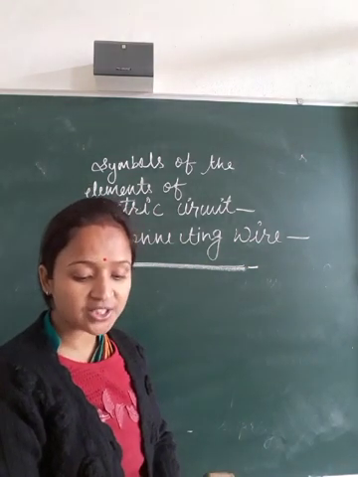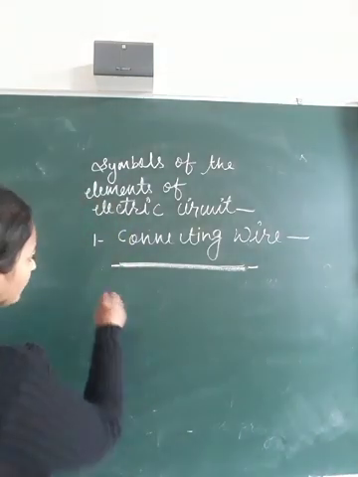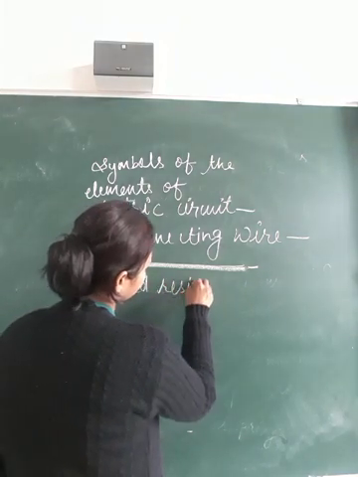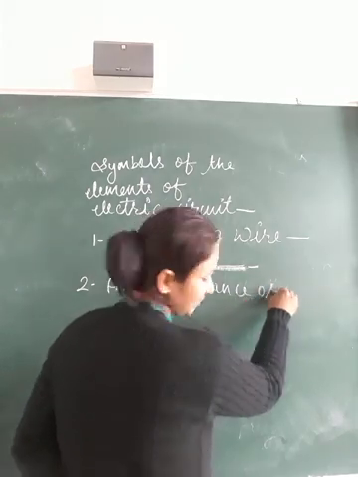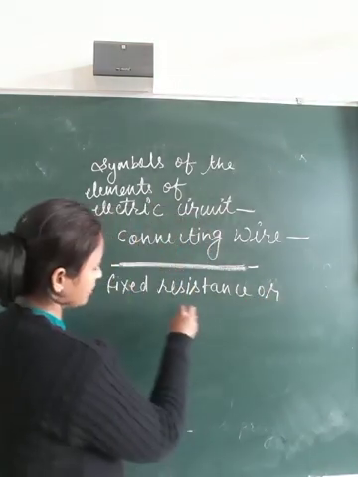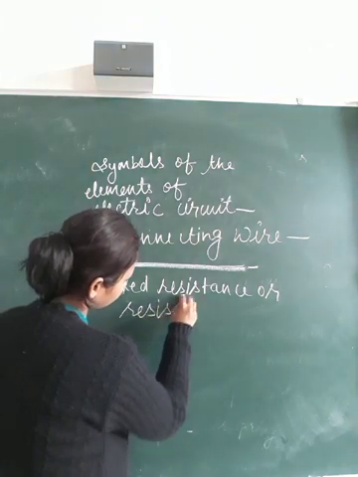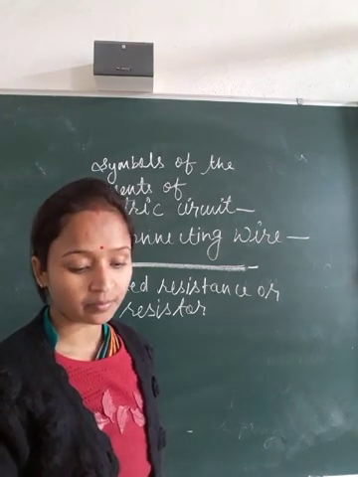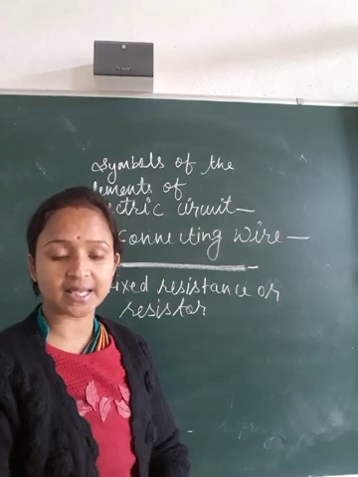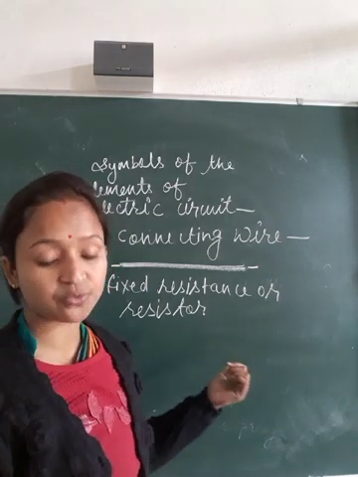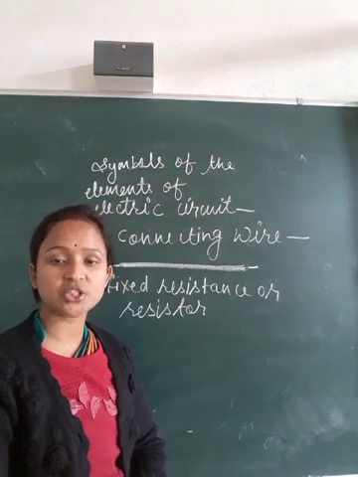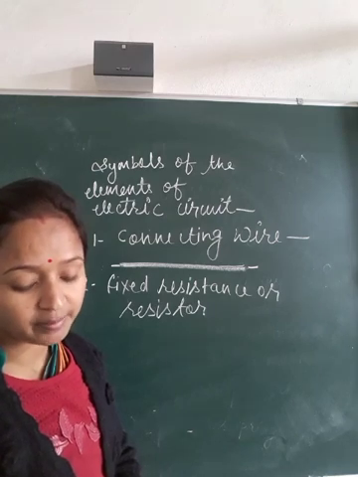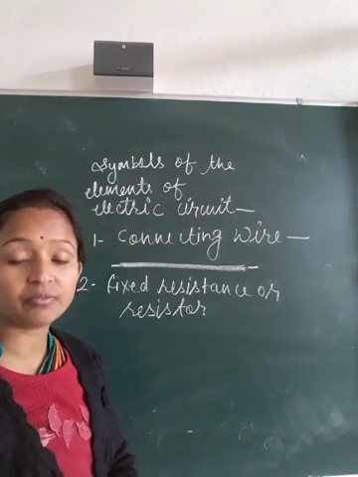Second one is the fixed resistance or resistor. It is represented by a zigzag line, and two thick dots at the ends represent the brass terminals between which a resistance wire is stretched.